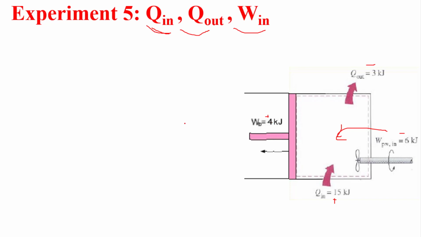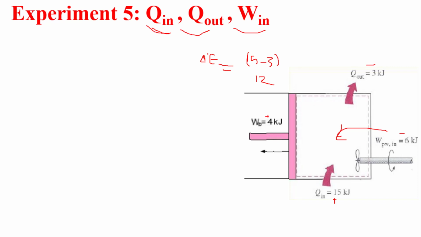So what is the total amount? Delta E will equal Q, we have 15 minus 3, which is equal to 12.